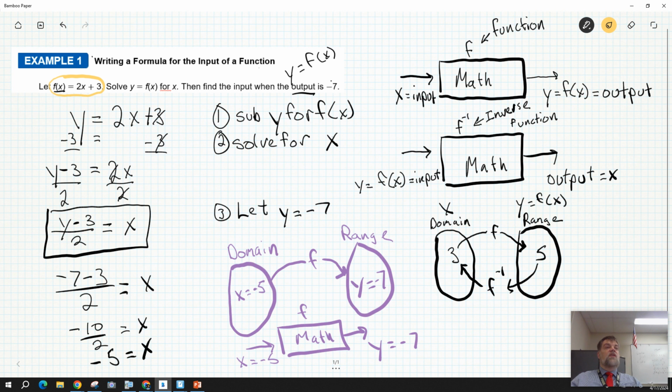It's really the same equation as long as I use all the equivalency properties, okay? So when the input is negative 5, we know the output is negative 7, okay? And honestly, we didn't need to solve for x to do that. We could have plugged it in here, and then we would have ended up manipulating all these things the same way, right? So anyways, that's that one. Let me leave it up there for just a second for you guys to finish writing everything down.